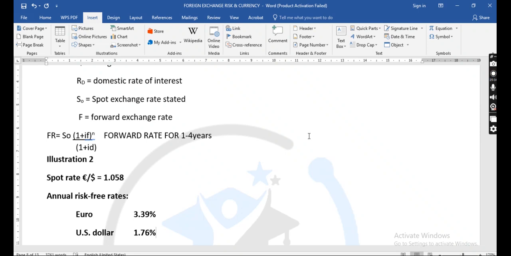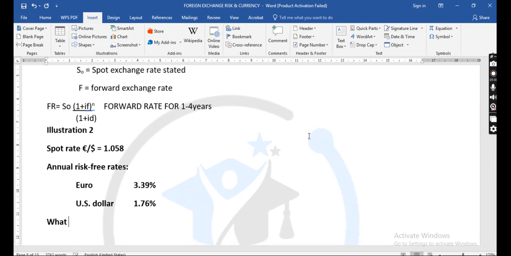What is the 3 month forward rate? Now, the annual risk-free rate is your interest rate because it is risk-free.